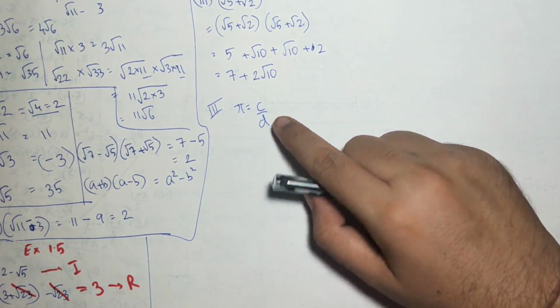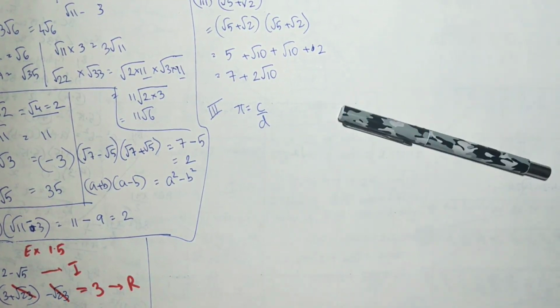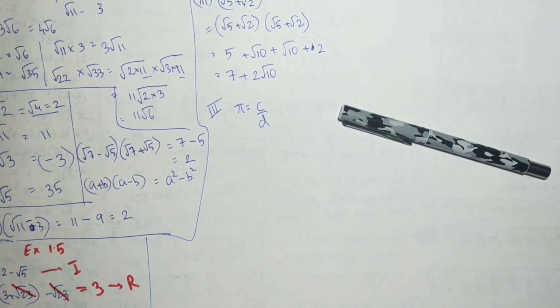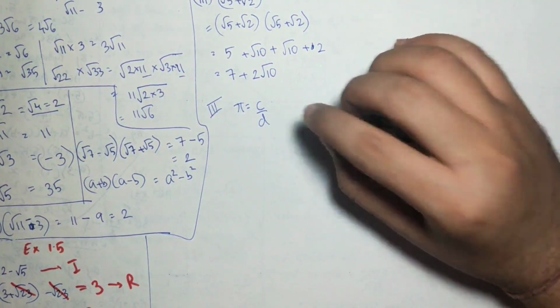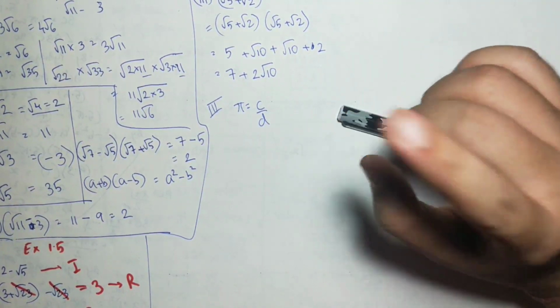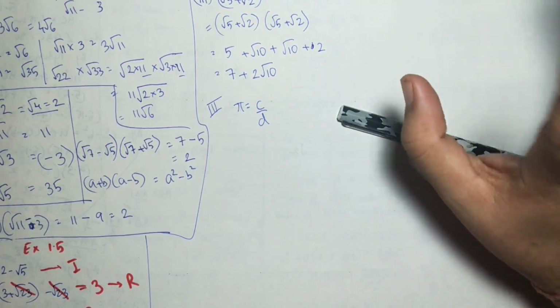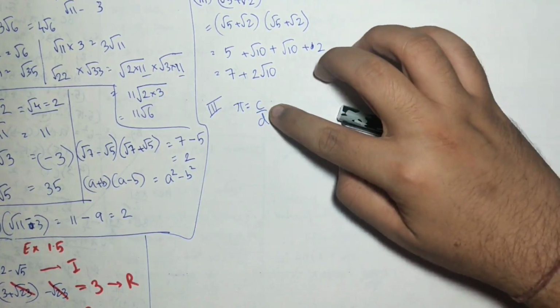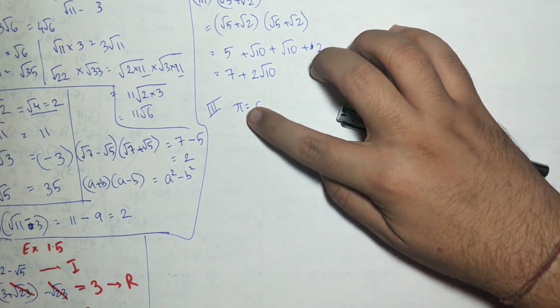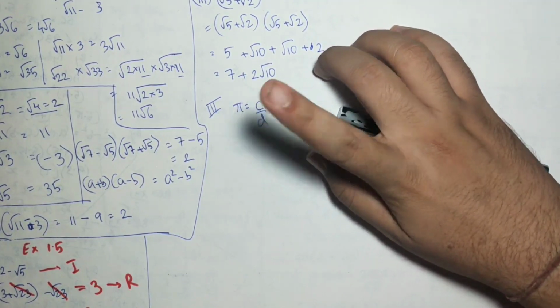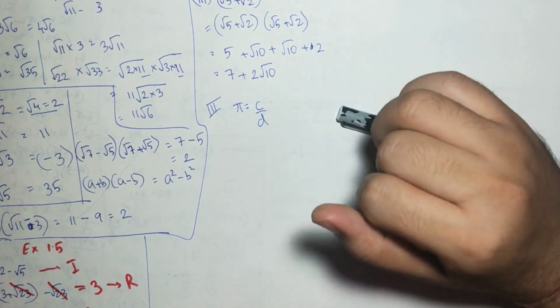Scientists have proven that whenever we take a circle, the ratio of the circumference to the diameter is always a constant value. That constant value is pi, which is an irrational number.